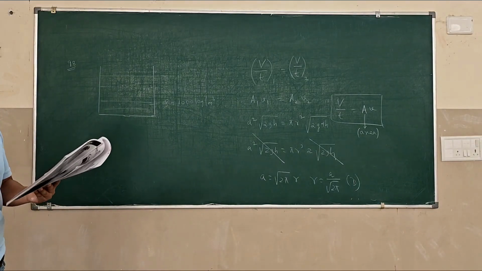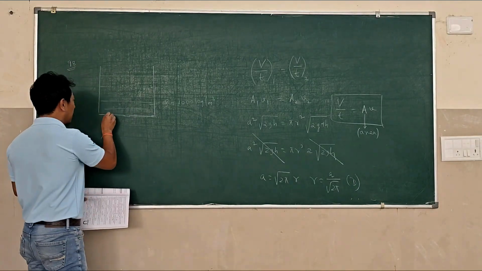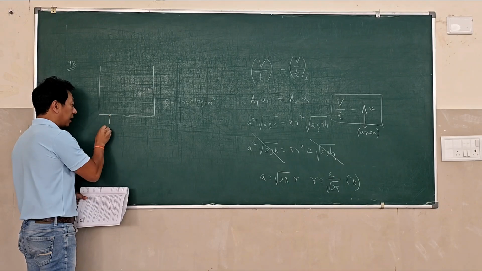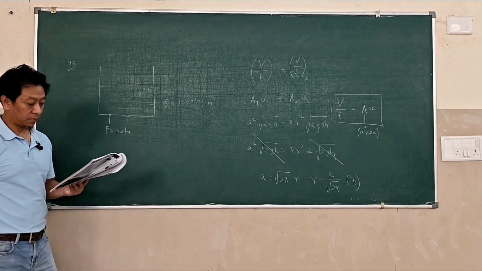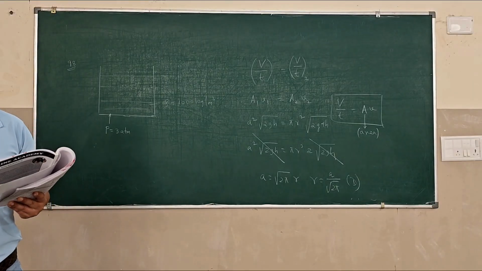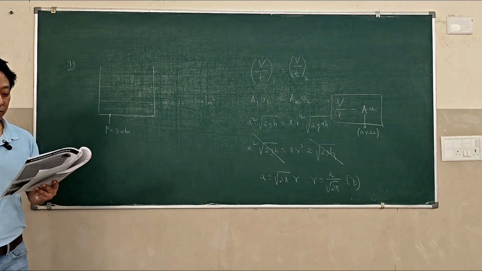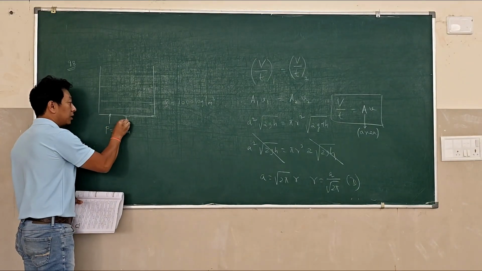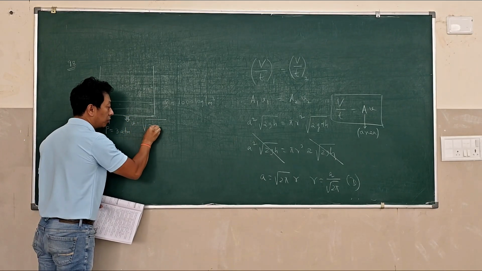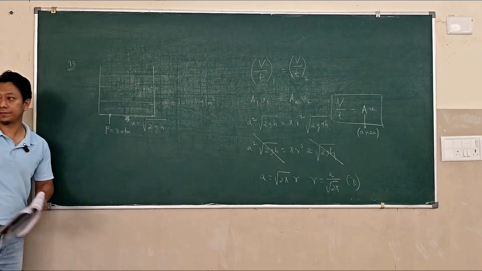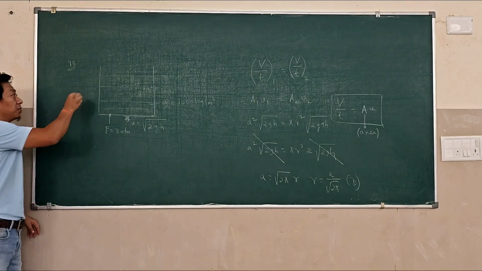If the total pressure at the bottom of the tank is 3 atmosphere, then the velocity of efflux will be how much? Velocity of water coming out from here, that we know from Torricelli's law, root of 2gh. h meaning this depth.